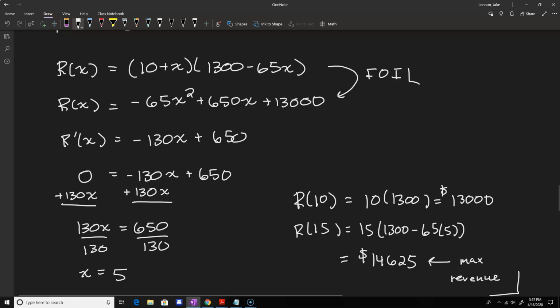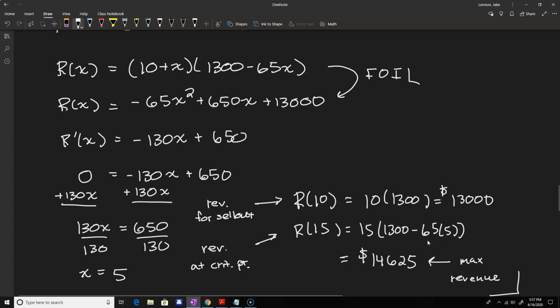Right here, I plugged in both values. This is the revenue for a sellout, and this R of 5 is the revenue at the critical point. Because if I have 5 price increases, that means my ticket price is $15, and then the other part of the function is the attendance, 1,300 minus 65 people for every $1 price increase.